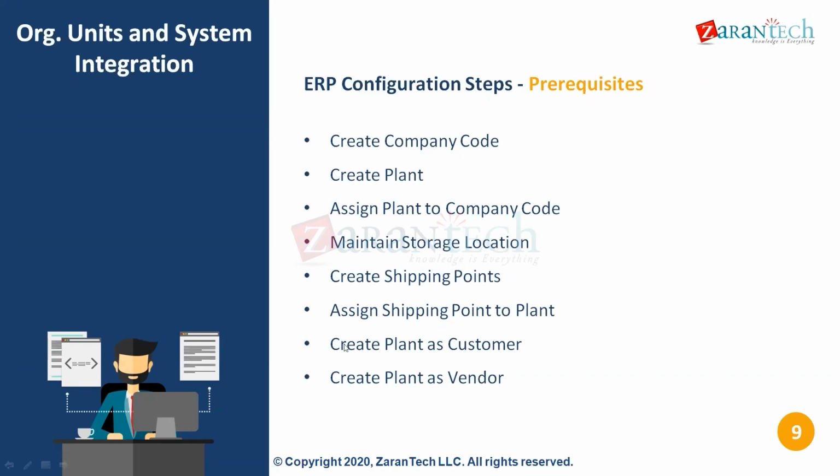What we also need is plant as customer and plant as vendor. This is very important. We need the sales team and the procurement team to provide us a business partner in the S/4HANA system for a customer and vendor. This is required, this is mandatory, so that's why I've mentioned it as a prerequisite.